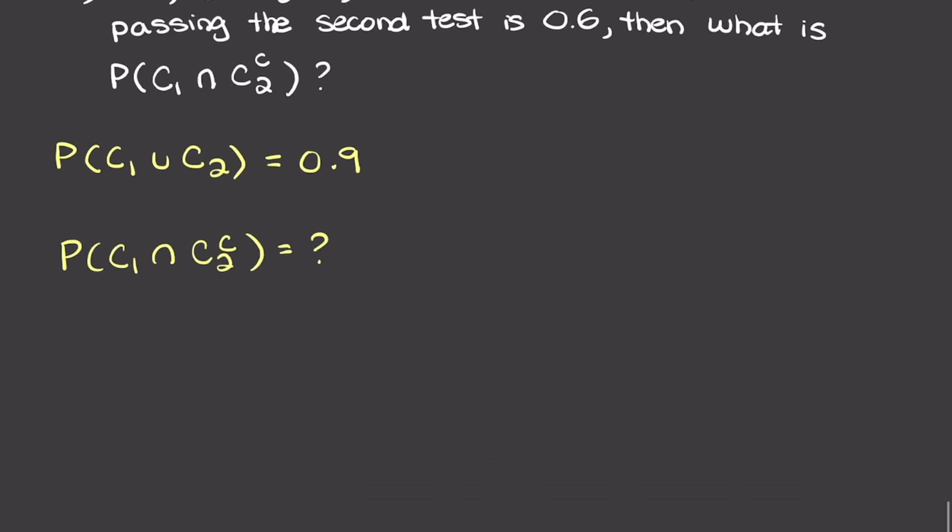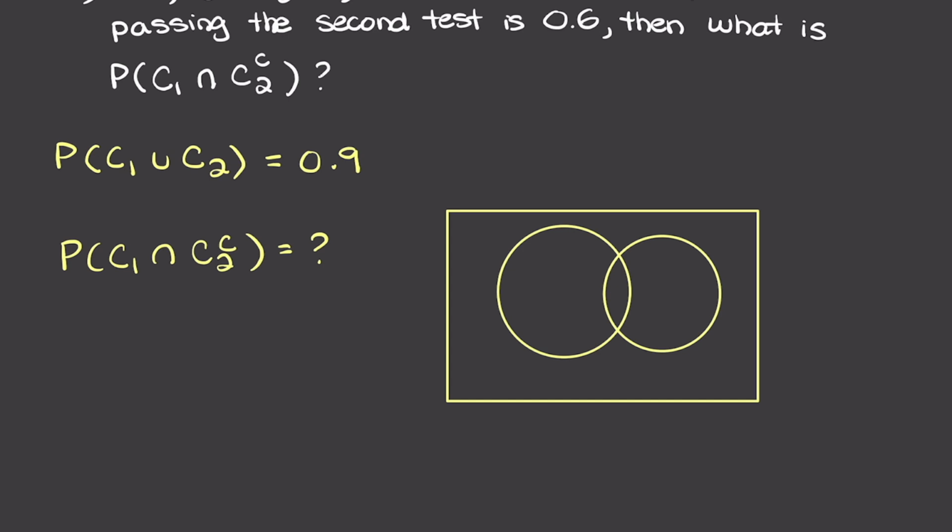So let's draw our Venn diagram again. So we have C1 and we have C2. So C1 intersect with C2 complement.